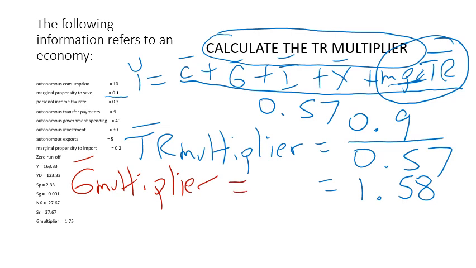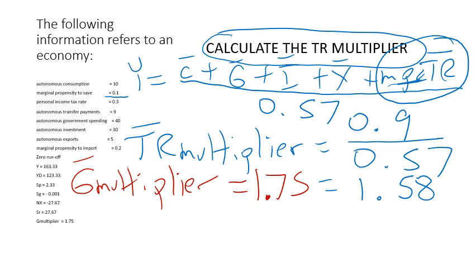So the TR multiplier, which is calculated, is 1.58, and the G multiplier, which we calculated in the previous slide, is 1.75. All right. Now the question is always asked: if an economy is undergoing a recession, what kind of fiscal policy should be practiced?